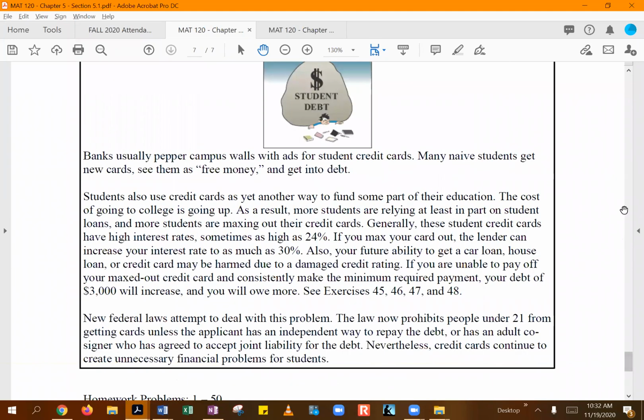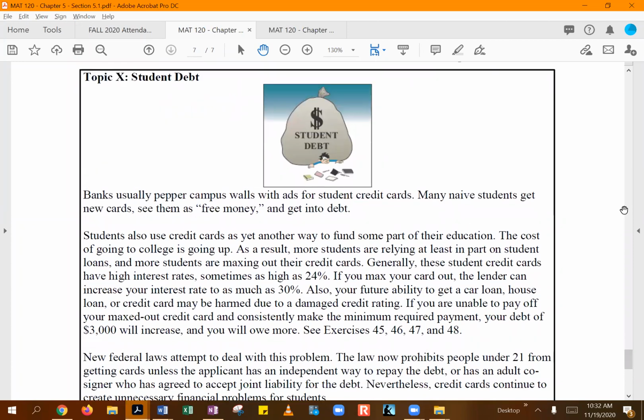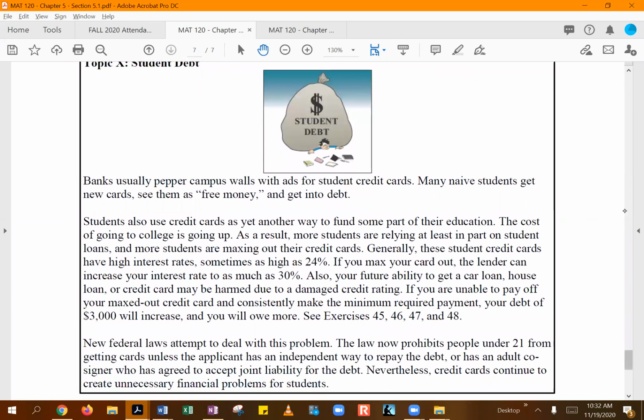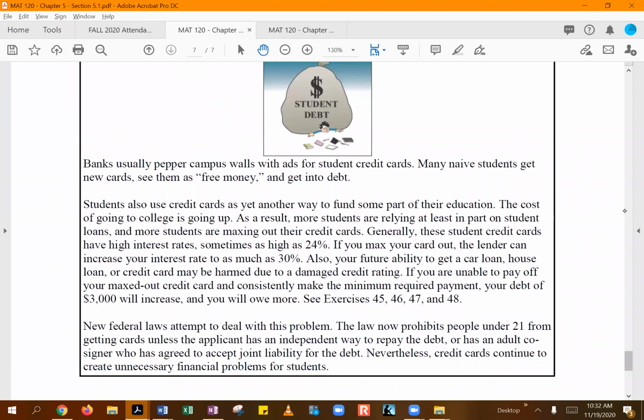Now, this is a really neat example, talking about student debt, which is definitely a big crisis in our country right now, because so many students took out these high interest loans, and even after being several years into their jobs, they still have not been able to pay off these loans.